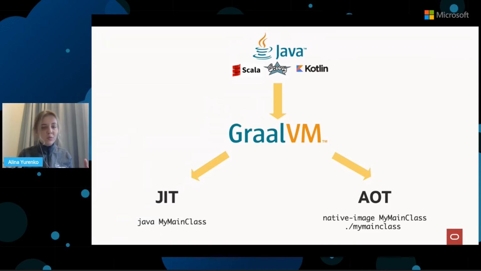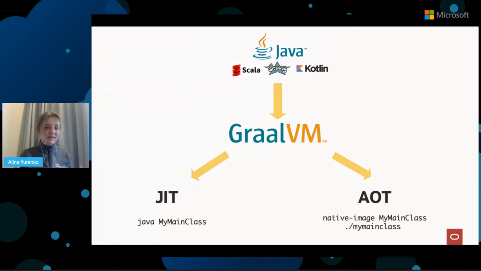You can just run your applications with the Java command, as we see on the left here, and that works on GraalVM just as on any other JDK because we do have a full-blown JDK inside GraalVM. So that is one thing, and the reason why I stop here and emphasize this is because the second mode, the native image mode, is so exciting that sometimes people associate GraalVM with it entirely. Basically, when they say GraalVM, they mean native image. And it is fascinating and very helpful, the native image component of GraalVM. But that's not the only thing and not the only way to run Java on GraalVM.